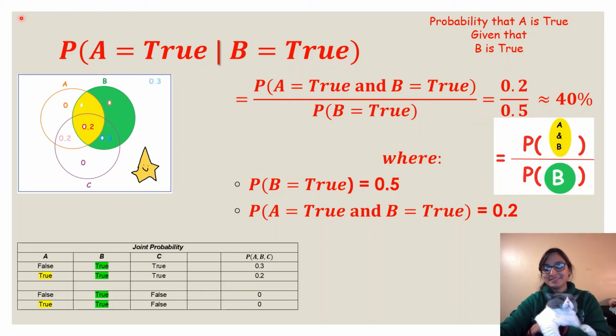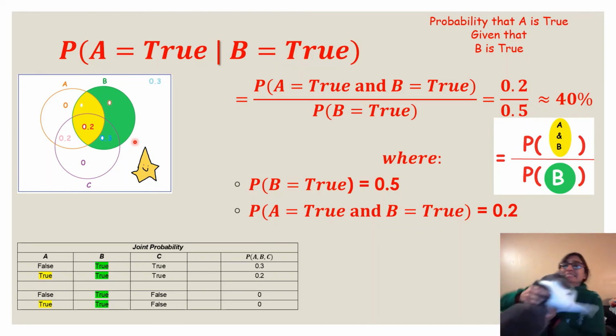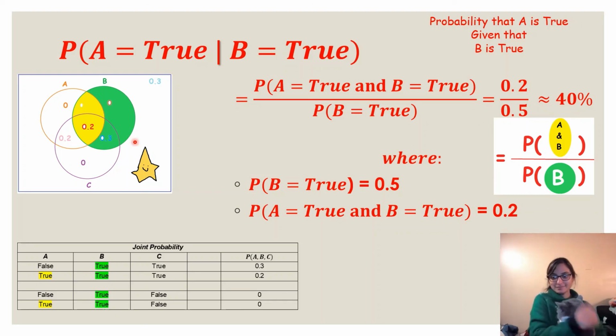So the probability that A is true given that B is true will just be 40%.